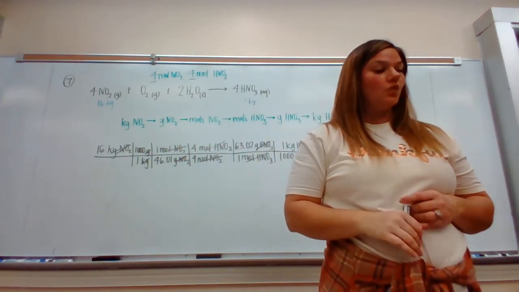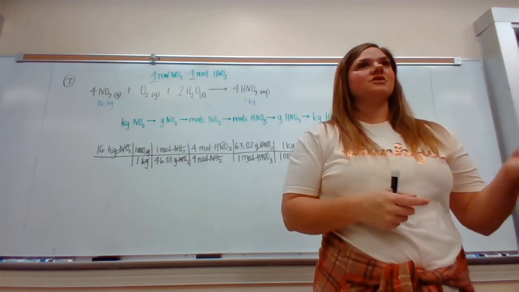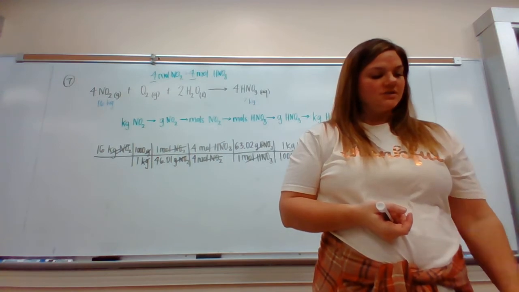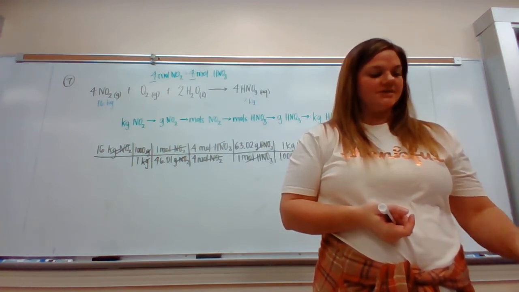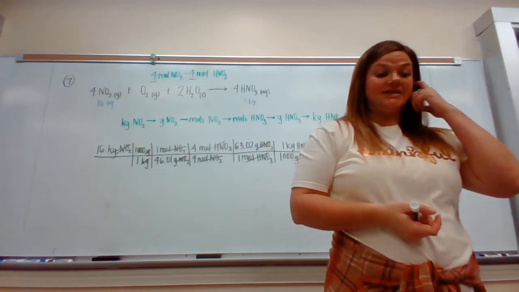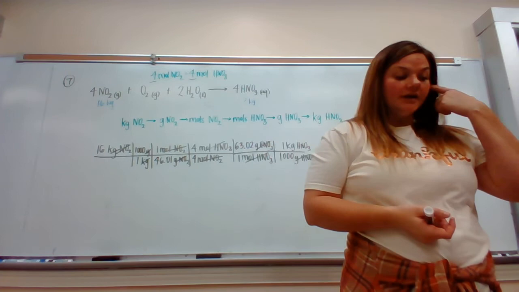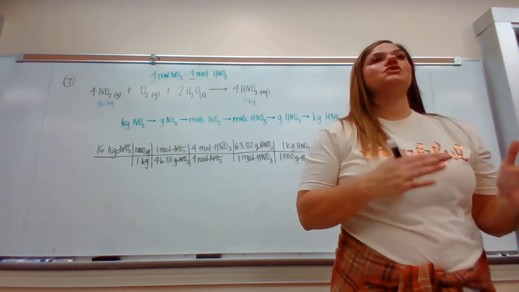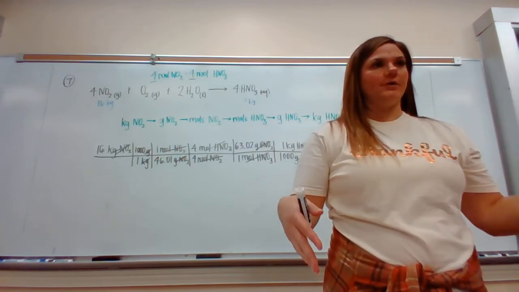Whatever the limiting reactant produces is called the theoretical yield. It's the amount of product that can be made in a chemical reaction based on the amount of limiting reactant you have present. The actual yield is the amount of product that you actually made if you were to go into a lab and perform the experiment.